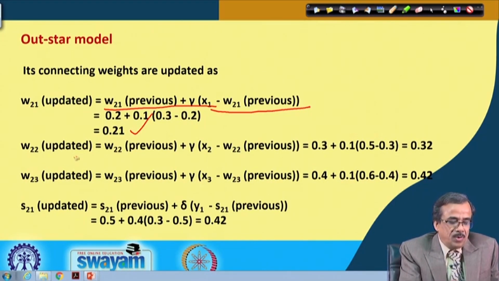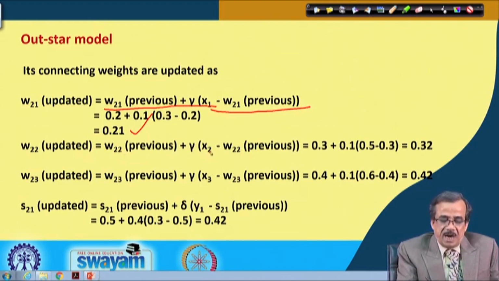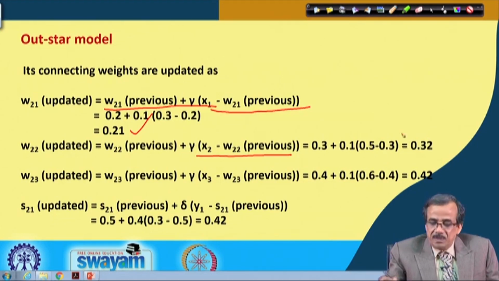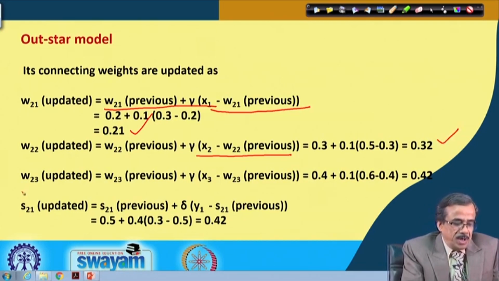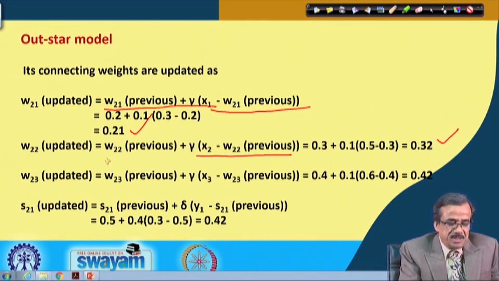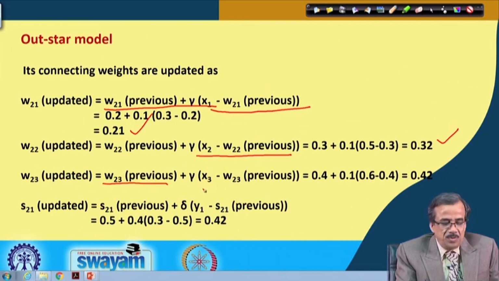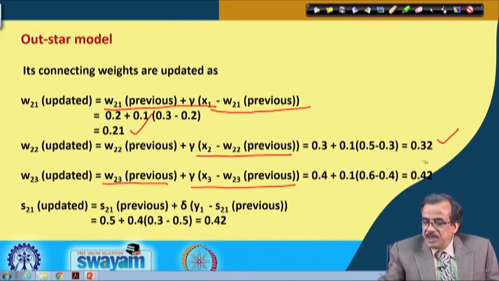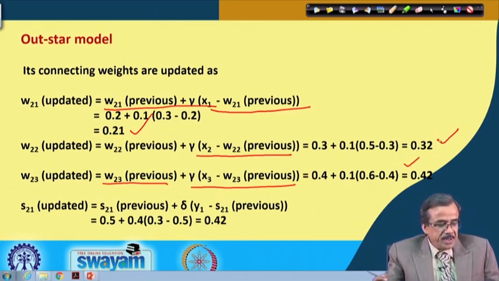Similarly, W22 updated is nothing but W22 previous plus gamma multiplied by (x2 minus W22 previous), and if you substitute the numerical values you will get 0.32. Then W23 updated is nothing but W23 previous plus gamma into (x3 minus W23 previous), and if you substitute the numerical values you will get 0.42.